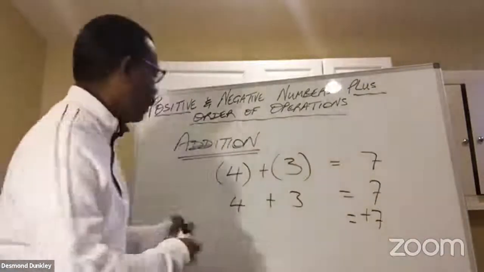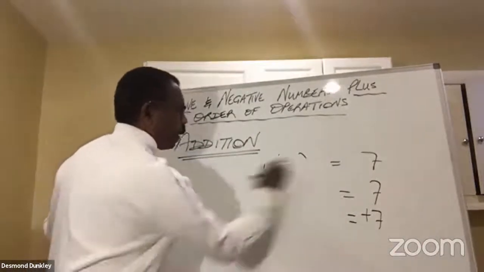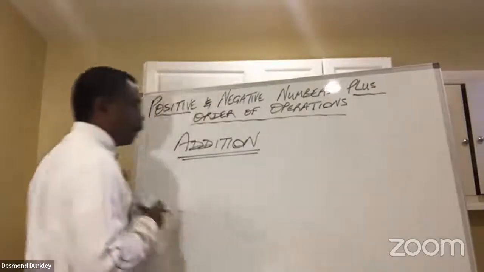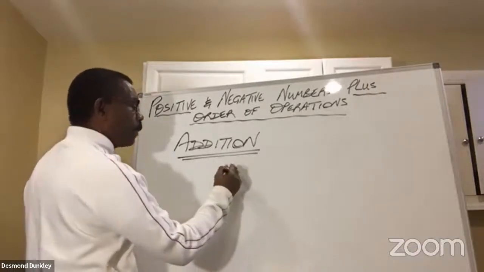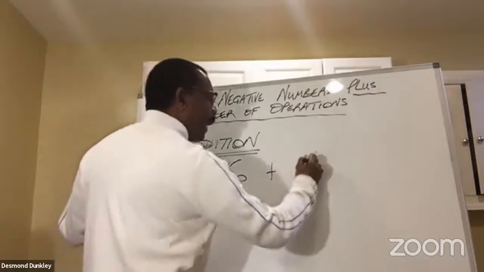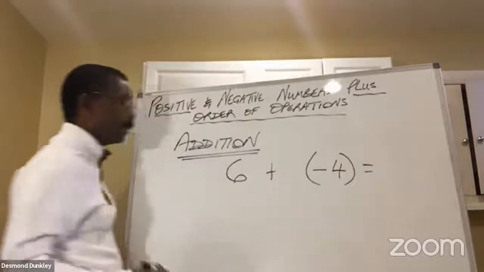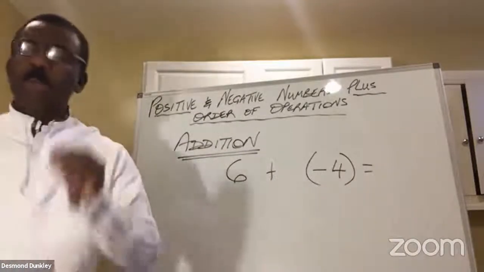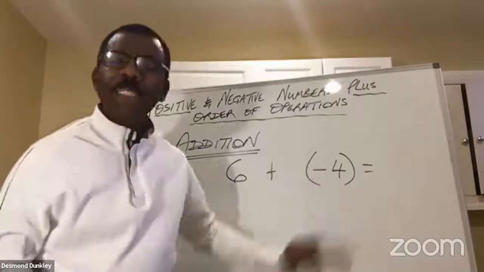Let's try another one. If I gave you 6 plus negative 4, we're adding, but this time we're adding a positive number to a negative number.